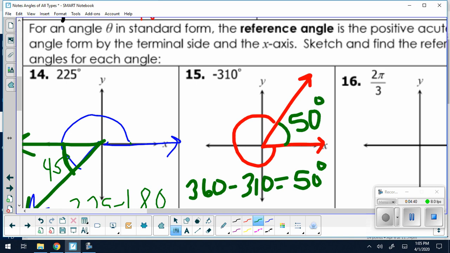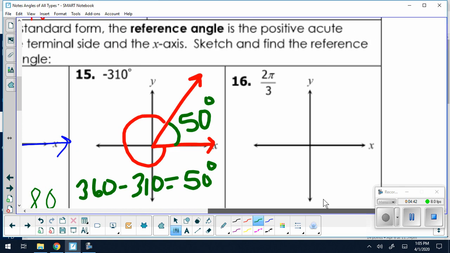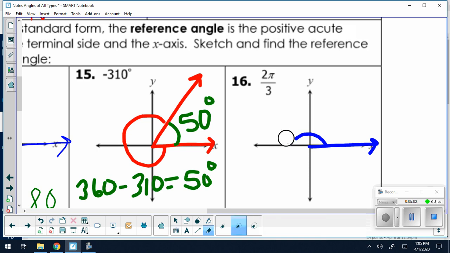Then our last example here, we're looking at 2 pi over 3. So let's go with our initial, and then we're going to go pi over 2, and then that's pi. So 2 pi over 3 is actually going to be in here somewhere, right?